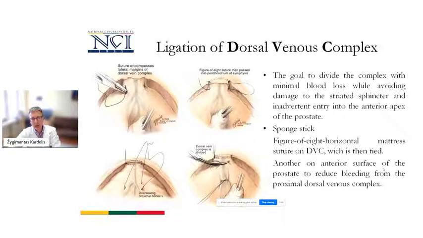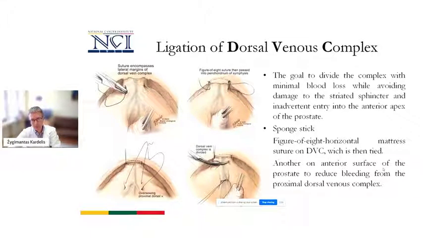Ligation of the dorsal venous complex: the goal is to divide the complex with minimal blood loss while avoiding damage to the striated sphincter and entry into the anterior apex of the prostate.